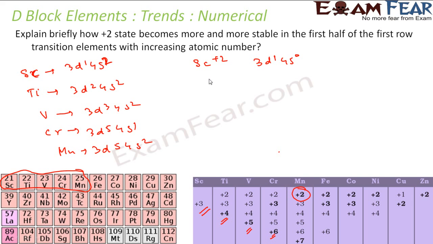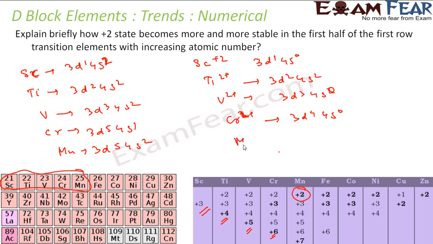Titanium, +2 oxidation state, 3d2, 4s0. Vanadium, +2 oxidation state, 3d3, 4s0. Chromium, oxidation state of +2 is nothing but 3d4, 4s0. And manganese, +2 oxidation state is 3d5, 4s0.